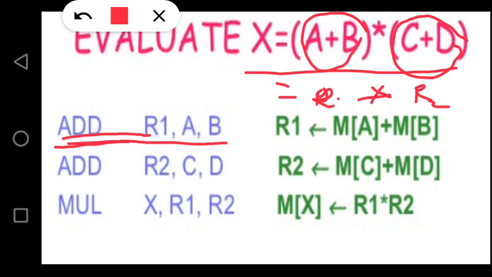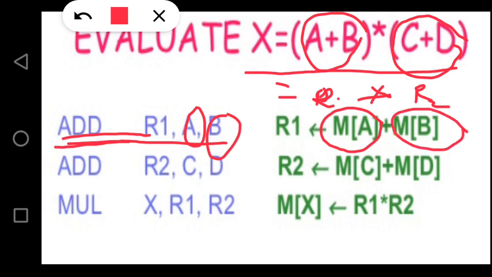That means a and b are addresses. Go to the address of memory location a. Go to the address of memory location b. Fetch the values. The ALU performs the addition operation and stores the result in register R1.